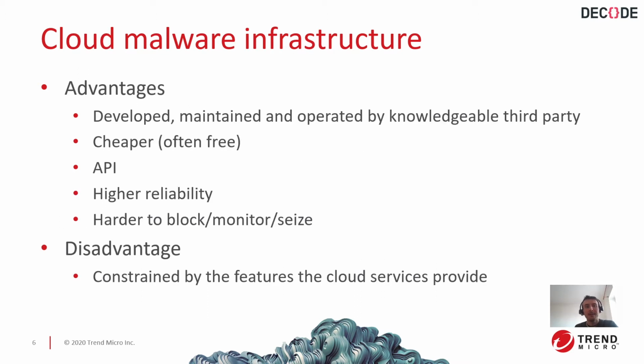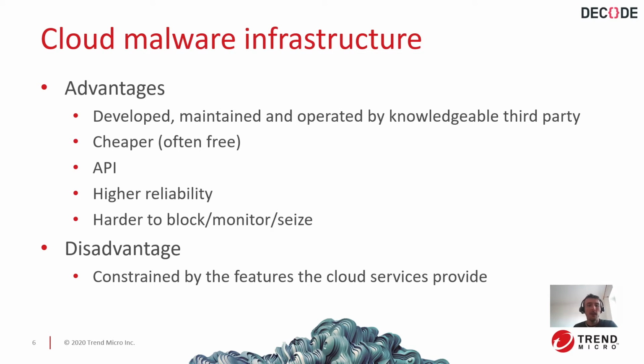On the other hand, cloud malware infrastructure is developed, maintained, and operated by a knowledgeable third party. It's usually a company running this service. So it's cheaper, in many cases free. It has APIs, which makes the service quite a bit easier to use.